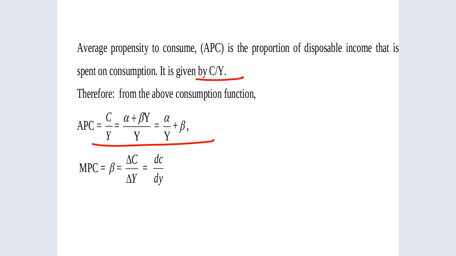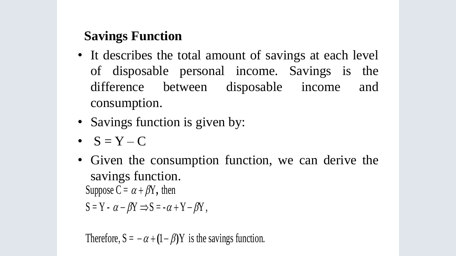If you divide the entire function by income, that gives you the average propensity to consume, which is represented by that equation. Then the marginal propensity to consume, which is the change in consumption over the change in income.